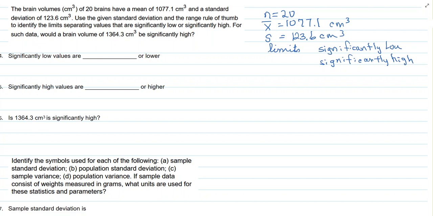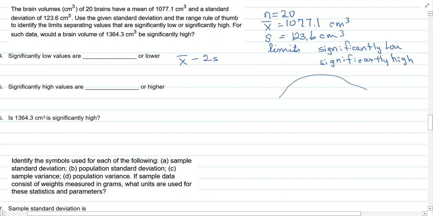So we understand for the significantly low, we use X bar minus twice S. And that's because we're moving the information from the mean to standard deviations here. So if this is X bar, we want this value here, which is 2 standard deviations away.